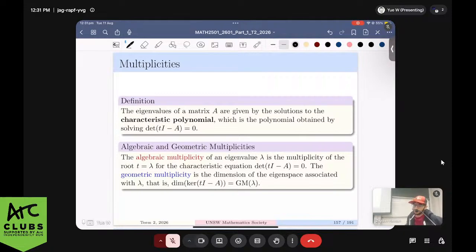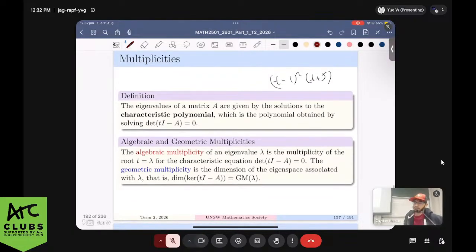The algebraic multiplicity is the multiplicity of the eigenvalue in the characteristic polynomial. So if you had something like (t minus 1) squared times (t plus 5), then t equals 1 would be an eigenvalue with algebraic multiplicity 2. Minus 5 would be multiplicity 1.